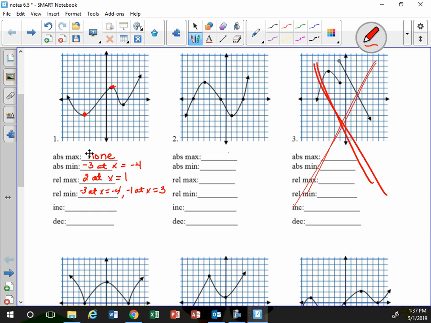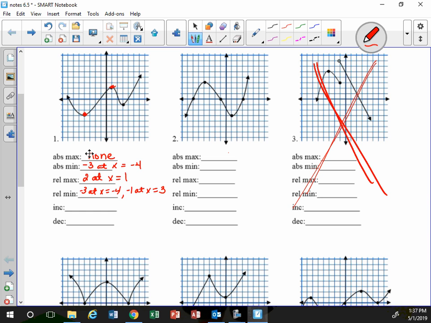So guys, when we're talking about increasing and decreasing, it's always from the left to the right. If I start on the left side of the graph and I trace it, is that going up or down? So what do you think that section is doing? Decreasing.